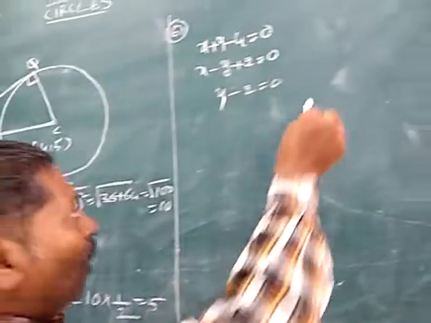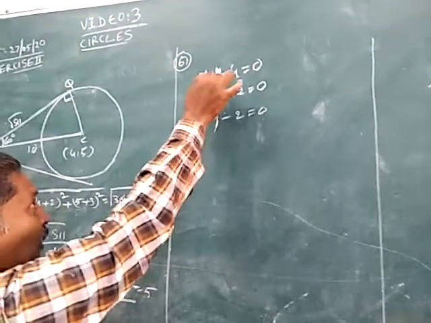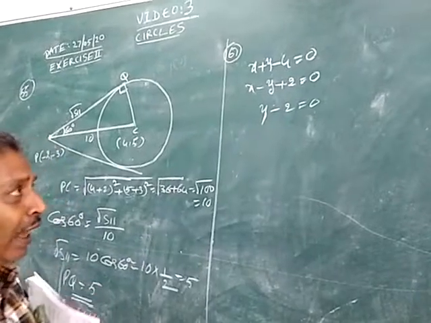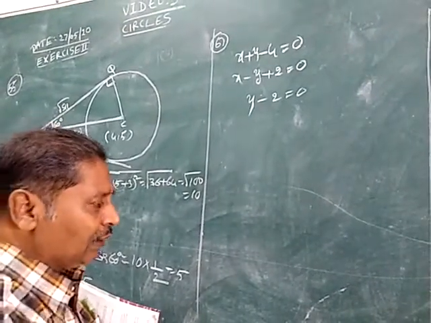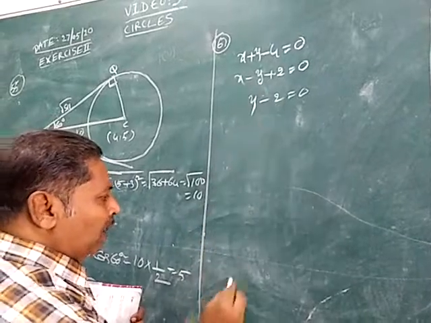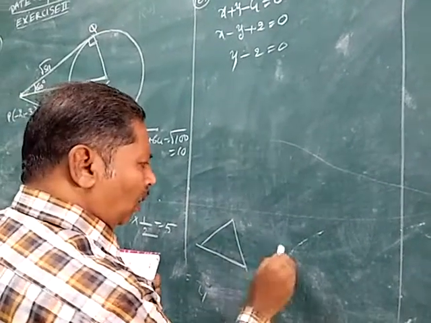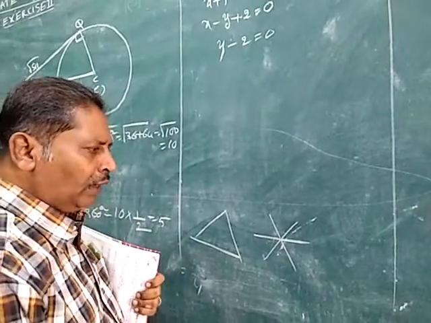Next, bit number 67. Number of circles touching the three lines. There are three cases. Number one, three lines are non-concurrent lines. Second case, the three are concurrent lines.